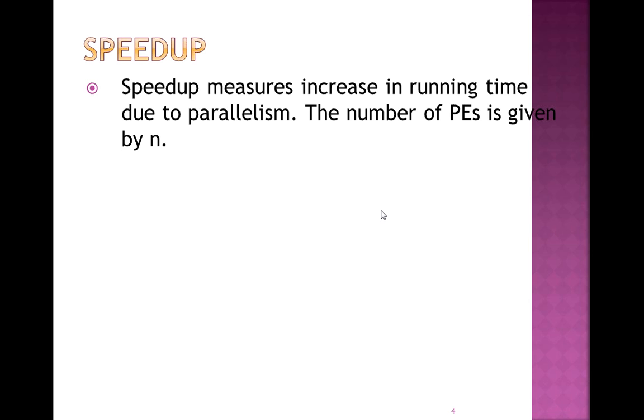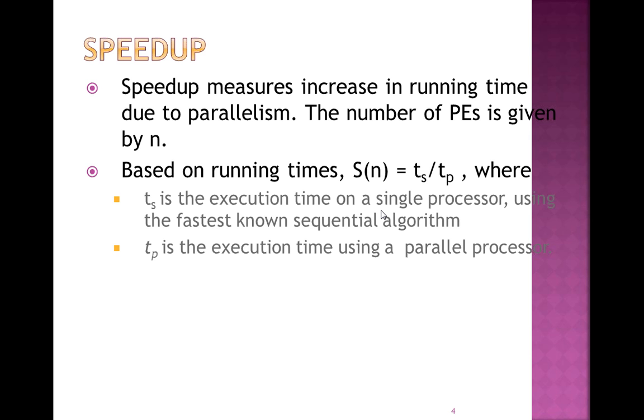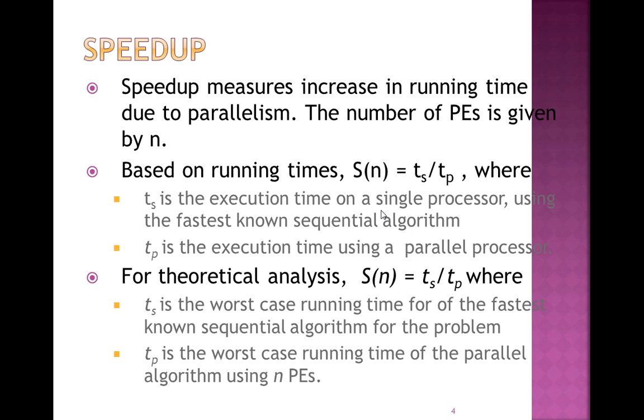SPEEDUP is used to measure the running time under parallelism. That is, when more than one program is executed in parallel, the technique used to measure the speed is known as SPEEDUP. The formula used is TS divided by TP, where TS is the execution time on a single processor and TP is the execution time on parallel processors or parallel computers.